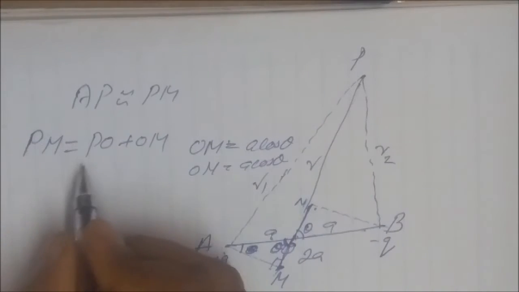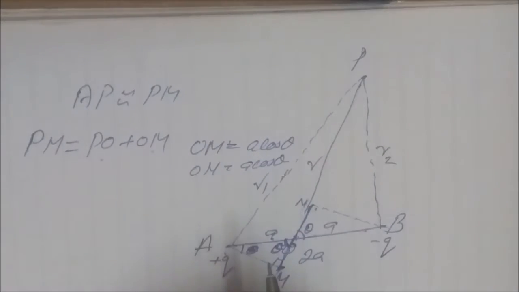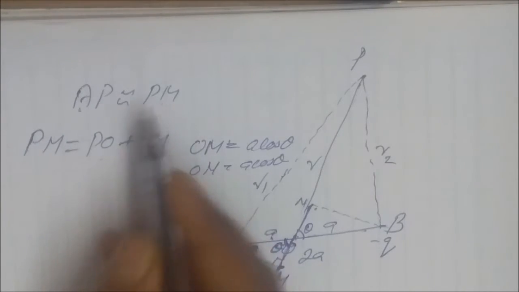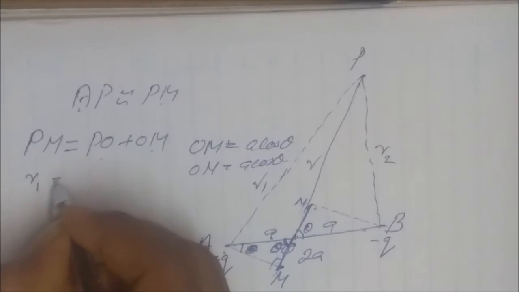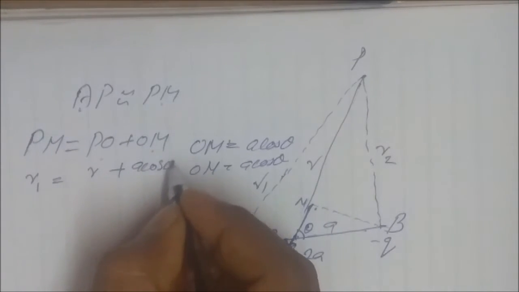So here we can write PM is equal to PO plus OM, and we already discussed that PM and AP are equal, so we can write r1 is equal to r plus a cos theta.